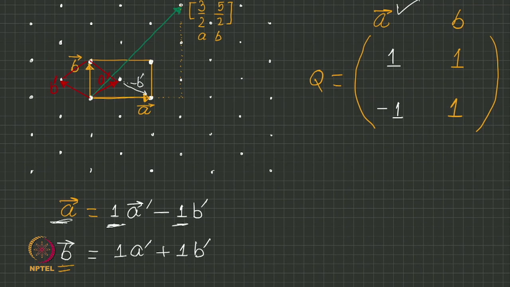Now let me do the exercise. Let us use this Q matrix to calculate the coordinates of the green vector in terms of the red vectors. In crystallography, as you know, we write minus 1 as bar, so we will use that convention. So, bar 1 1. My old coordinates, the yellow coordinates, are 3 by 2, 5 by 2.